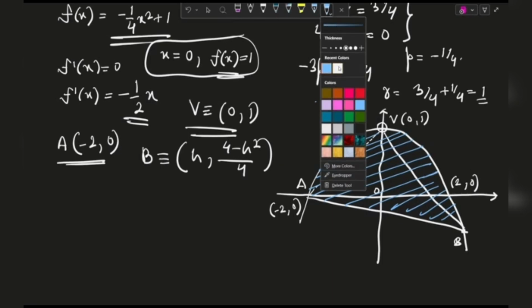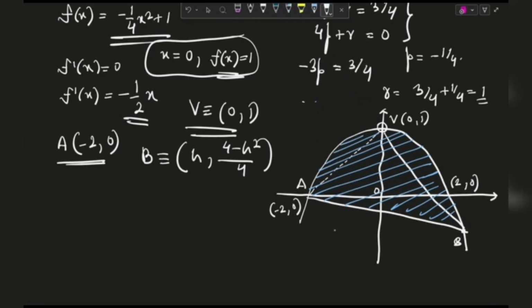So we have to now find the area and all, but before that we have to find B. That's the main target. If you notice one thing carefully, angle AVB is 90 degrees. I hope there is no confusion. It's given. So we can say the product of the slopes of AV and BV will be minus 1.